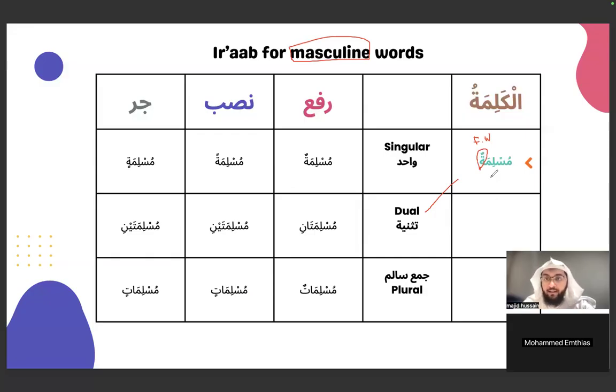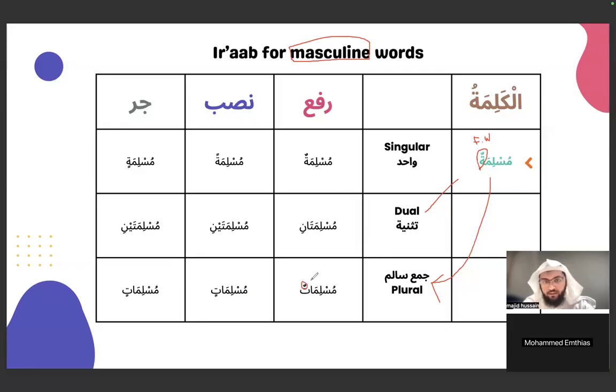However, in the plural state, it works differently. In the masculine, we were adding waw noon and ya noon, but here we'll be adding alif and ta. So we will write muslima, and before the ta we'll just add alif and give the ta marbuta the i'raab of dhammatain, unlike the masculine. Muslimatun.